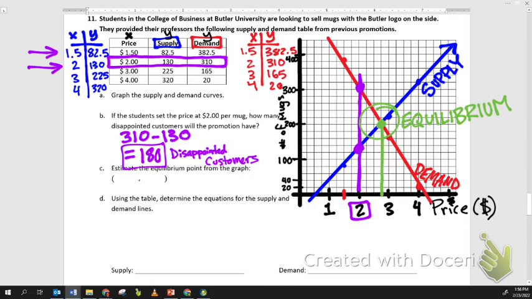So I'll say that's 275. And Y looks like it's right about that 200 mugs. So this is an estimate. If you said 260 and 190, or if you said even 3 and 225, anything around there within a reasonable range is a good estimate.